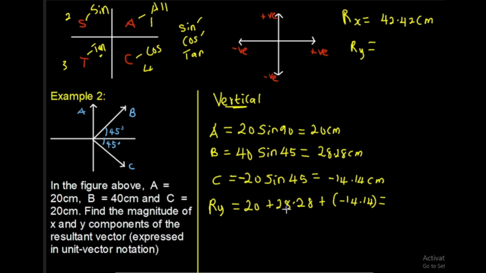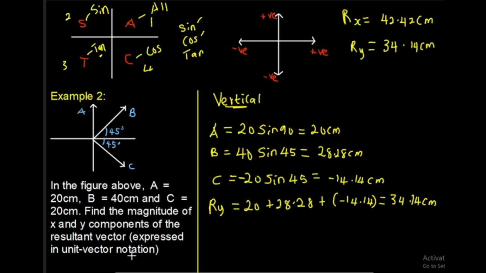That will give us 20 plus 28.28, and plus minus is minus, so we just put minus 14.14, and that will give us 34.14 cm. All right, so the resultant for the vertical component is 34.14 cm. So we record it here, 34.14 cm. Now the question said find the magnitude of the x and y component. This is for the x and y component of the resultant vector. So we have done that.